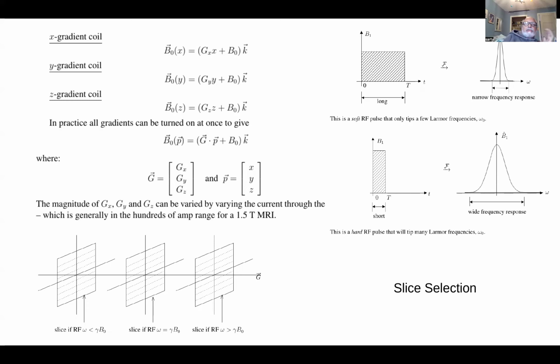And it is those frequencies in that pulse that will end up affecting your spins. This is a basic Fourier transform property of any function. Doesn't matter what you're talking about. If you have a function that has a long time, its Fourier transform is going to have a short number of frequencies. This is basically the uncertainty principle. You'll see it in quantum mechanics.